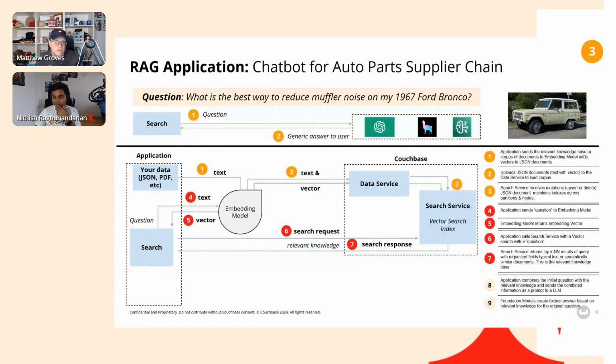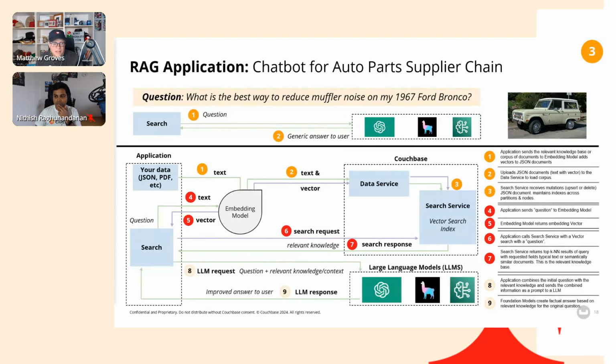And so it's going to return the nearest neighbors to that data, a bunch of relevant knowledge specifically to 67 Ford Broncos reducing muffler noise. And it's going to give me that information. I take that information then and I package it up with the question, and then I send it to an LLM, which could be a different one from the embedding, by the way.